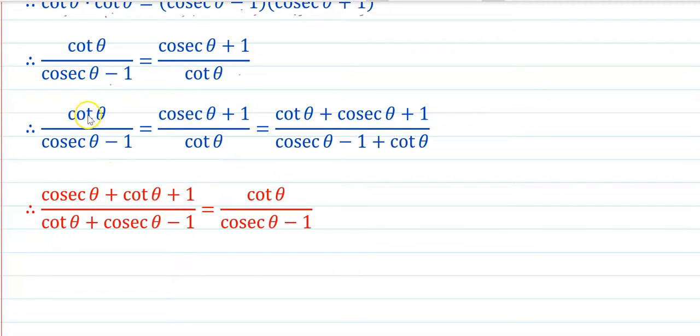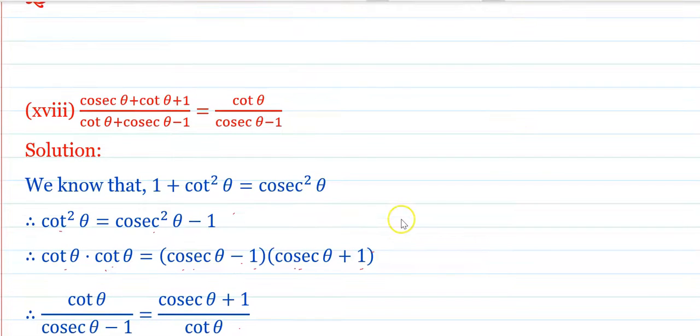Therefore you will get cot theta plus cosec theta plus 1 in the numerator, and in the denominator cosec theta minus 1 plus cot theta. And hence see this here, the first ratio and the last ratio we equate, and hence the result is proved.